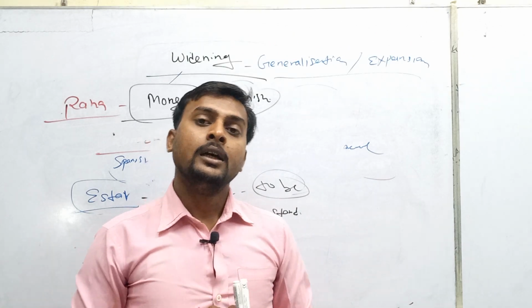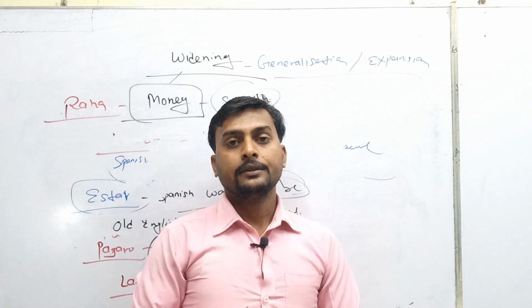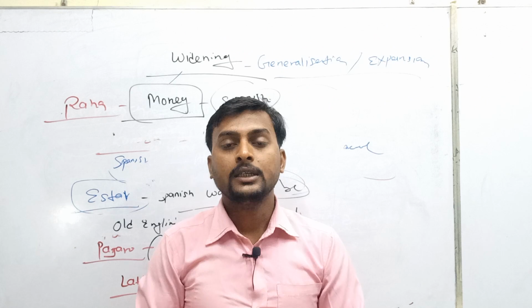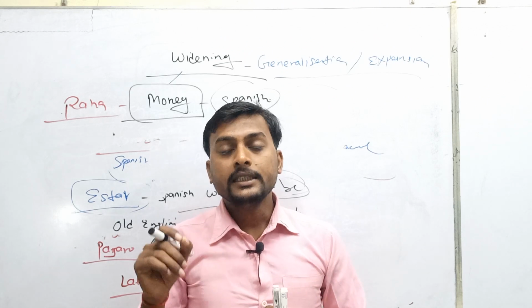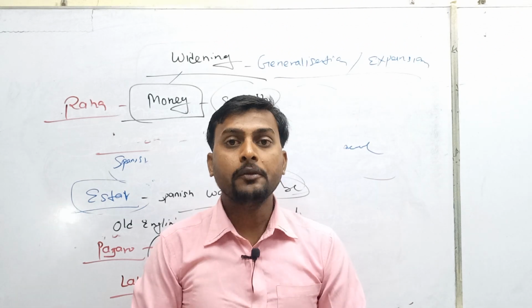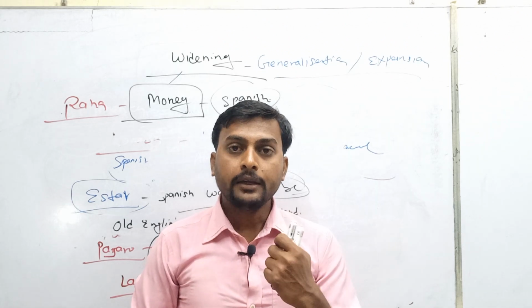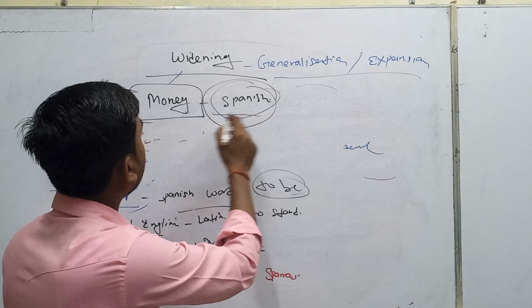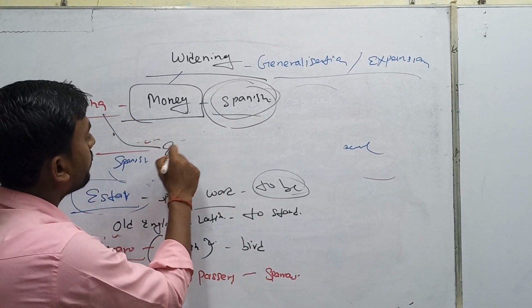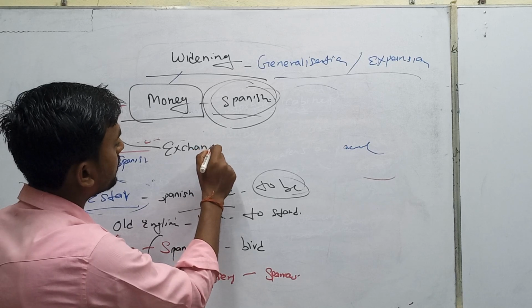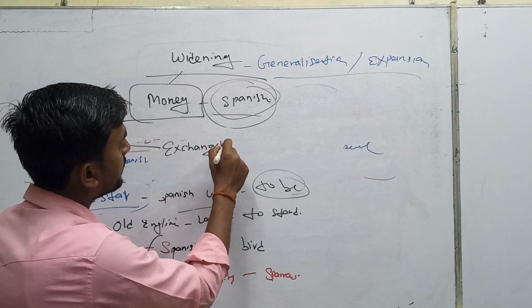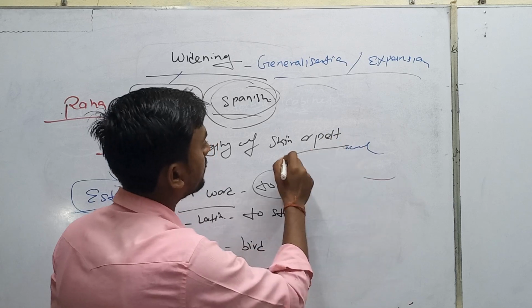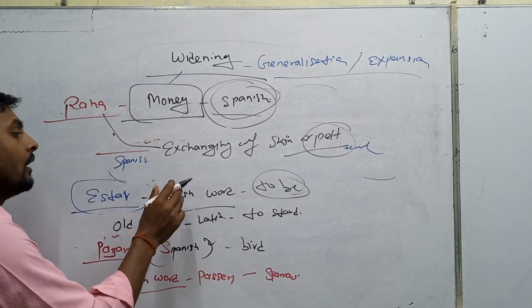Before, Raha was used for exchanging the fur or pelt, the skins of animals.